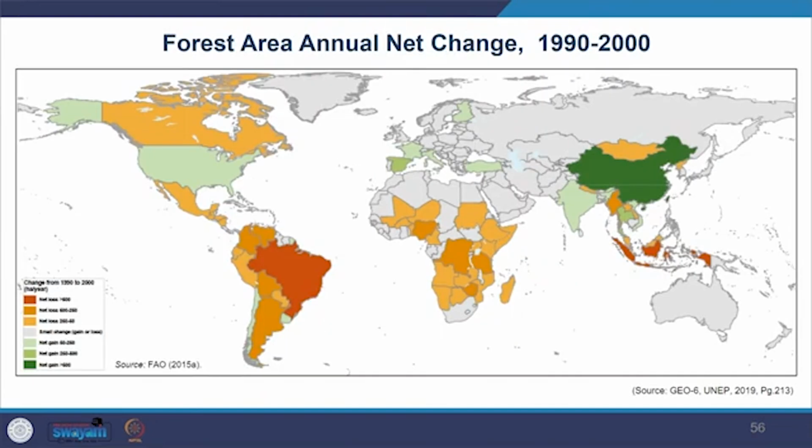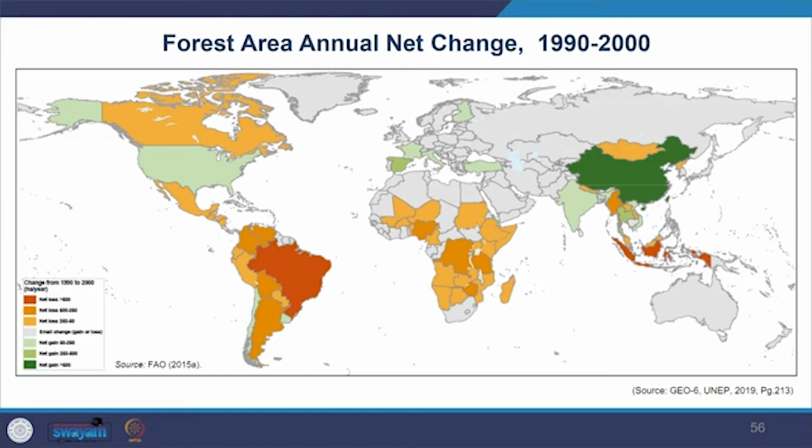The rate of forest area change differs from region to region, and there is some gain in the forest area due to increase in plantation. In the image you can see the changes from 1990 to 2000. Look for the loss of forest area shown in red color and forest area gain in green color. You can see how the forestation is helping.